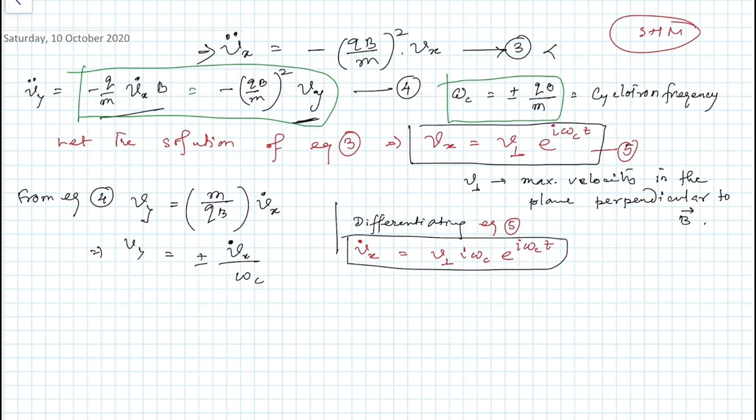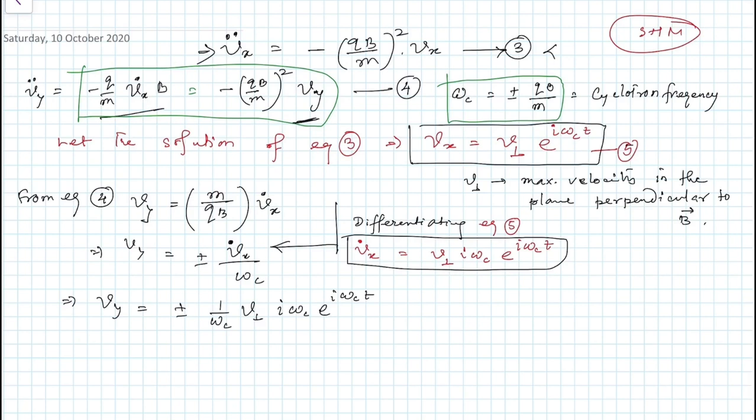Now use this value in this equation, then we will get Vy equal to plus minus 1 by omega c V perpendicular i omega c e to the power i omega c t.